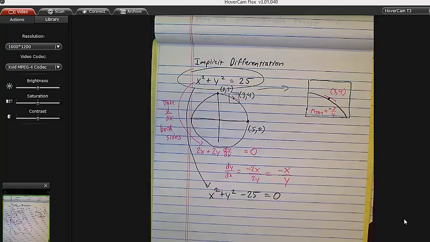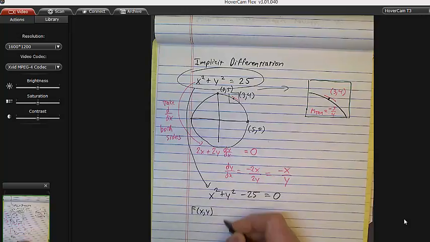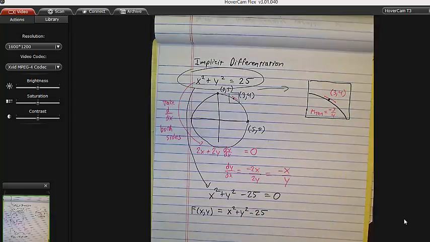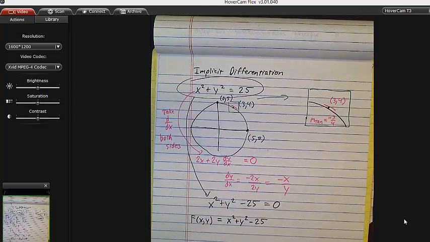And as a matter of fact, what I might do is say, okay, f of x, y is going to be the function x squared plus y squared minus 25. Because I want to do Calc 3 for a moment. You see that?